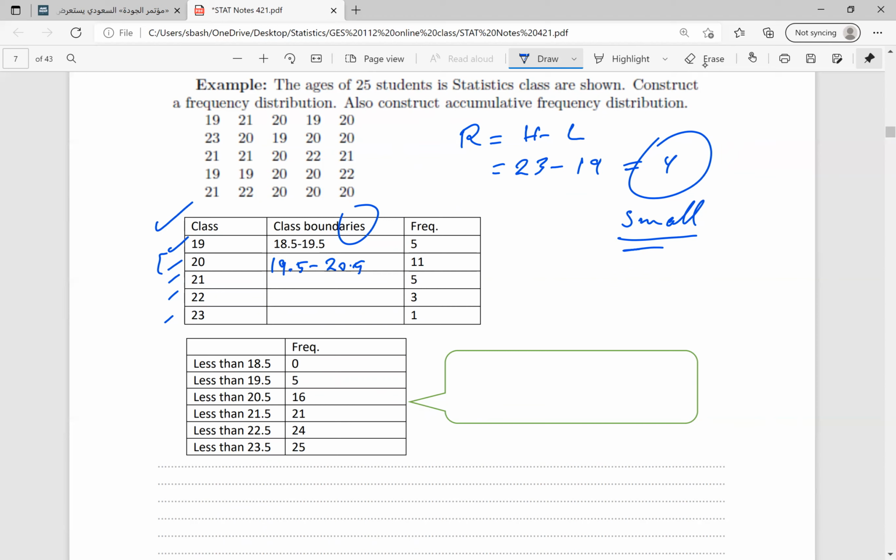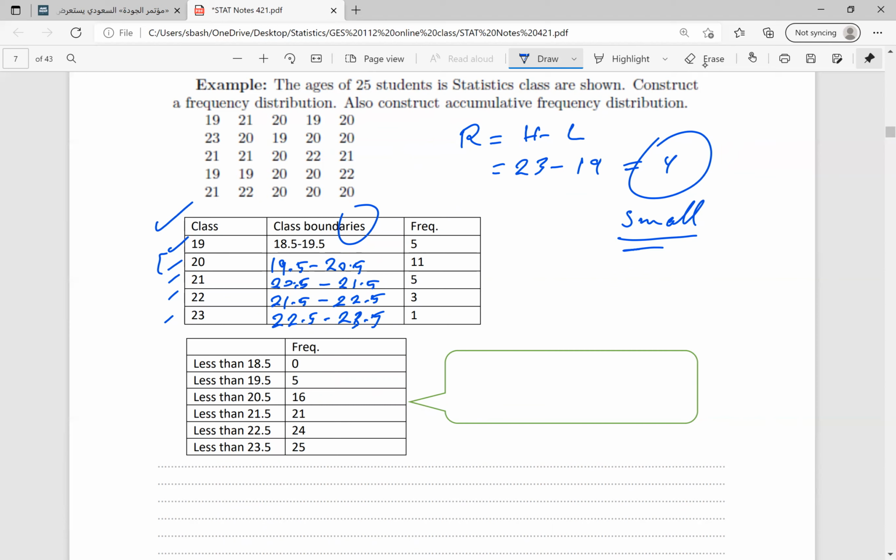Next one is 20.5 to 21.5, and next one is 21.5 to 22.5, and next one is 22.5 to 23.5. Frequencies are found to be 5, 11, 5, 3, and 1.